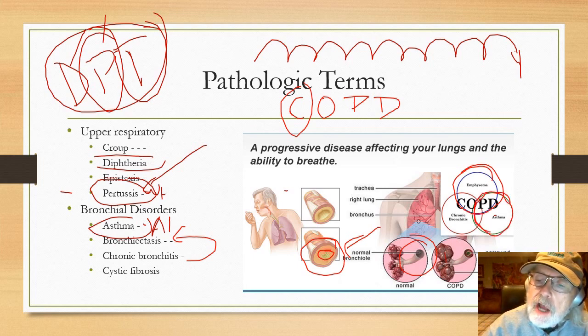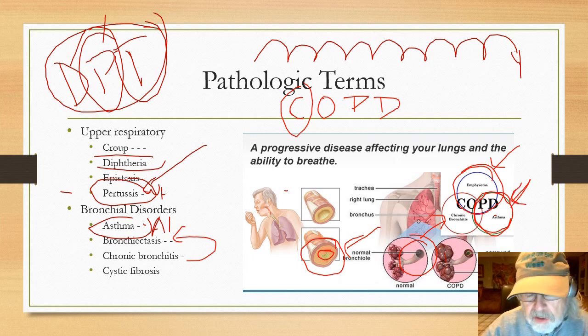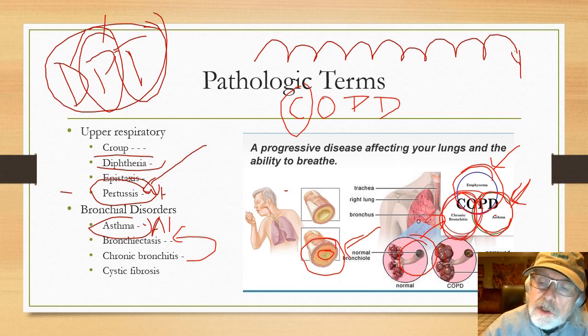Now, asthma is not the result of smoking, whereas emphysema and chronic bronchitis definitely are. Asthma is caused by allergy, cold, exercise, things like that, and various toxic inhalants. But chronic bronchitis is definitely part of that COPD problem.